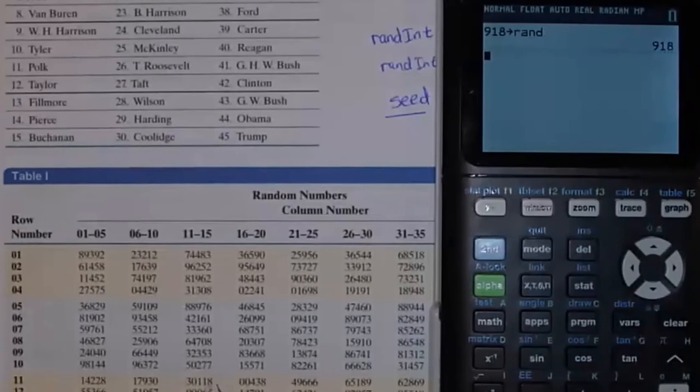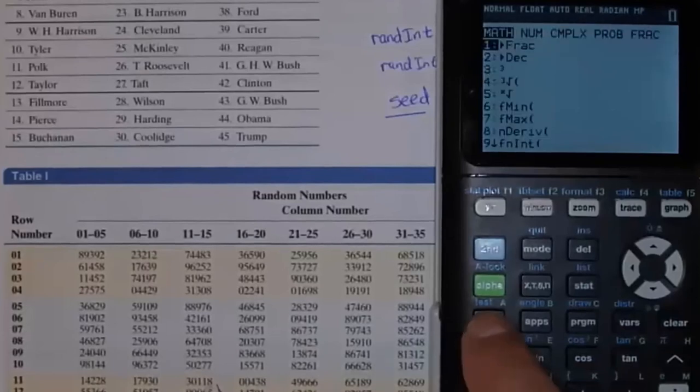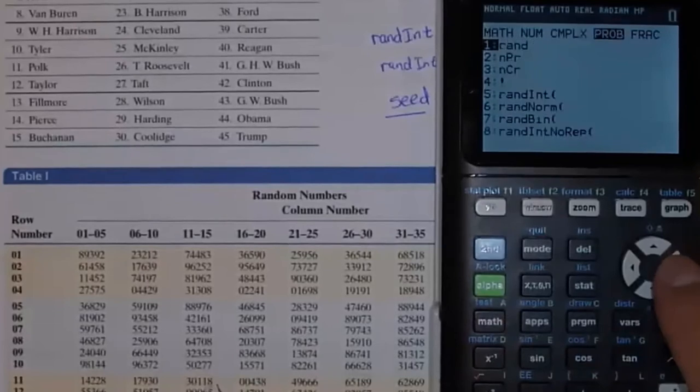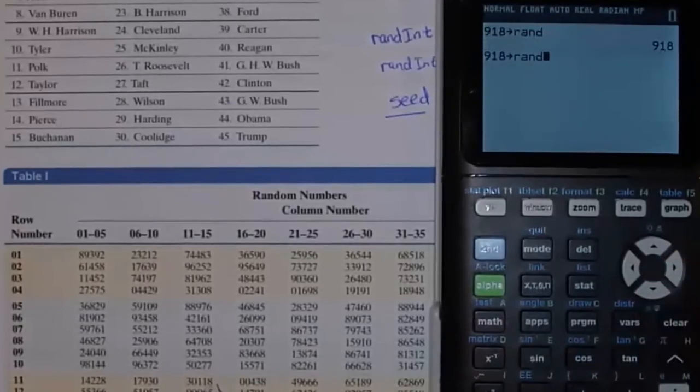If you enter the same seed value as me, you're going to get the same random numbers as me. So again: type 9:18, hit the store button above the on button, go back to math, use the arrows to go to probability, select number 1, rand, and then hit enter.